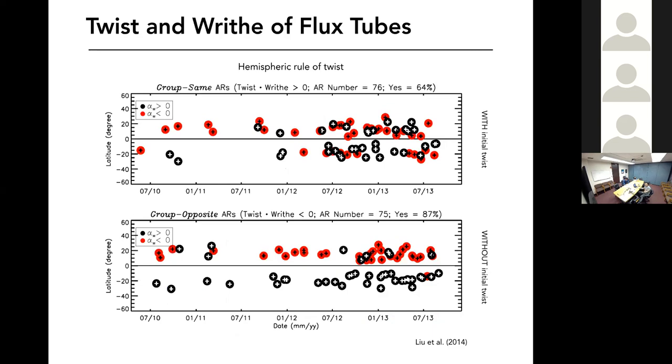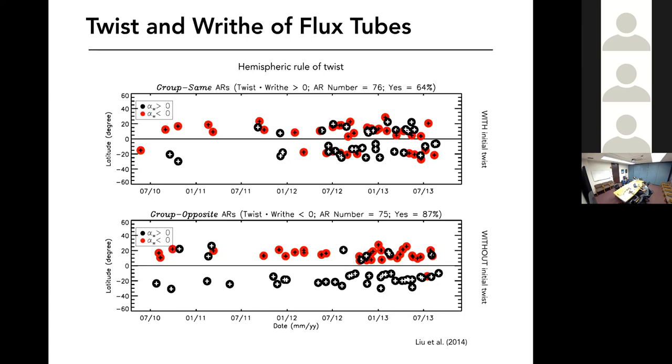You measure the twist and writhe, these two quantities, in these bipolar active regions, and look at their signs.